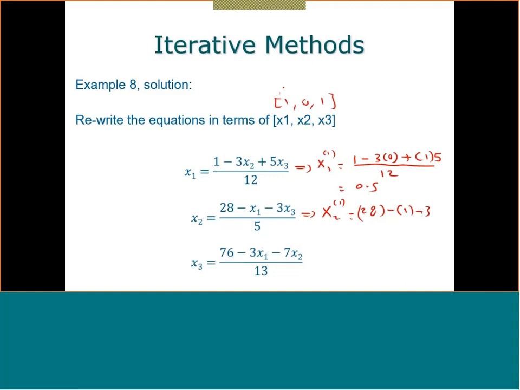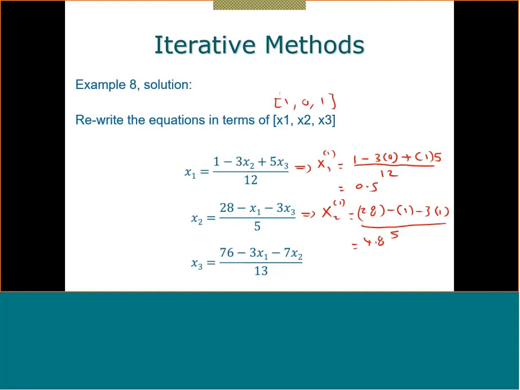I have only one value for x3 so far, which is the initial guess, which is 1, divided by 5. And if you do the calculation, you will find that this is equal to 4.8.